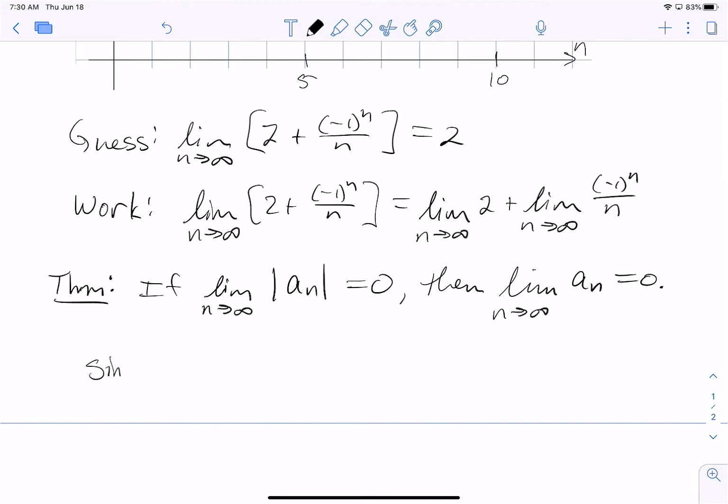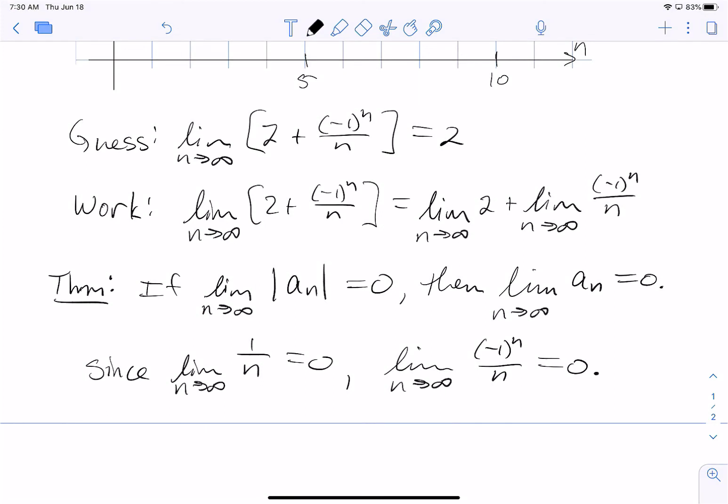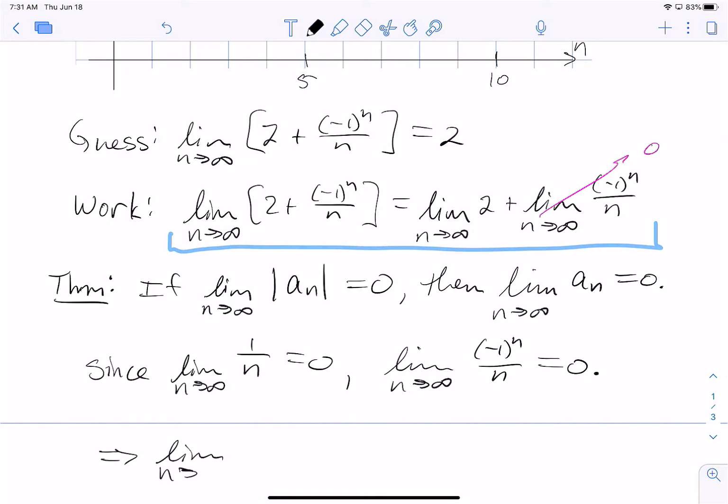As a result, since the limit as n approaches infinity of 1 over n is equal to 0, we know that from first semester calculus work, it follows that the limit as n approaches infinity of negative 1 to the n over n is equal to 0. That means then, considering the sum of limits that we wrote before, the second limit is equal to 0, and so the limit as n approaches infinity of 2 plus negative 1 to the n over n is equal to 2, agreeing with our guess.